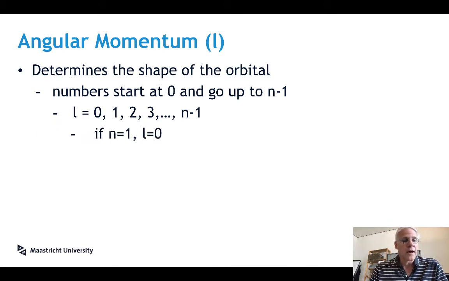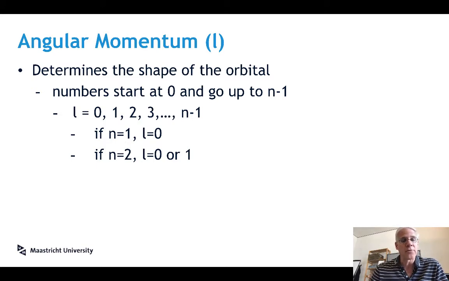So if we're in the n equals 1 shell there, the only value I can have for L is 0. I can't have an L equal to 1 because I can only go up to n minus 1. If we go up to the next highest n level, 2, then I can have 2 different L values.